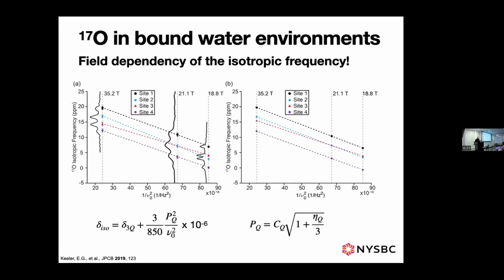Why is that? It turns out that 900 is about the crossing point for these two pieces. There's an equation you can use to calculate the isotropic shift, or the triple quantum shift that you see. You have to do some calculations using the quadrupolar EFG tensor to basically get rid of the second order quadrupolar isotropic frequencies.